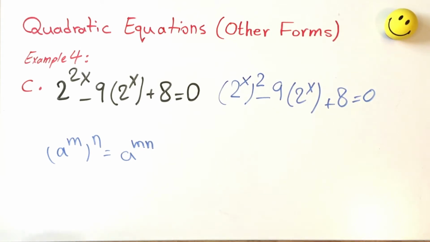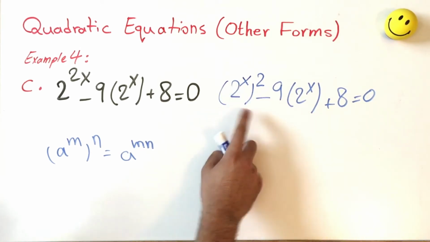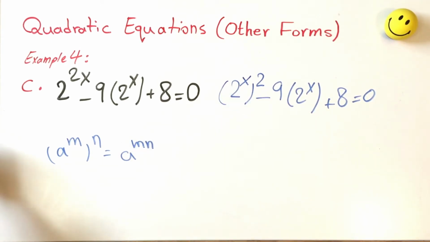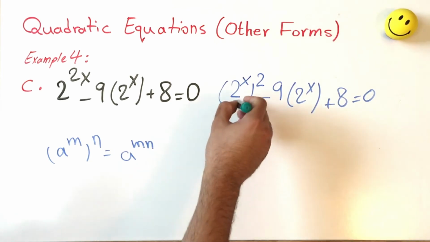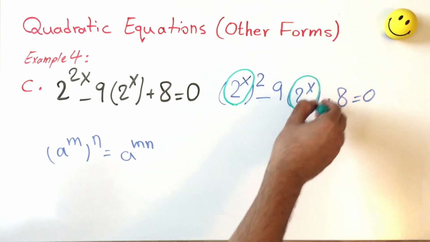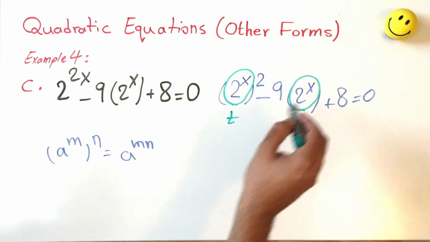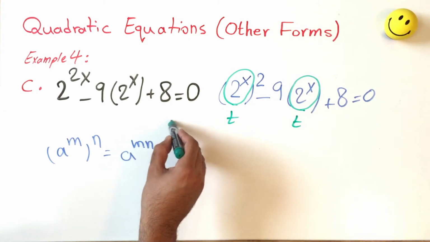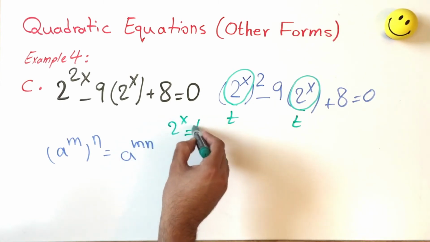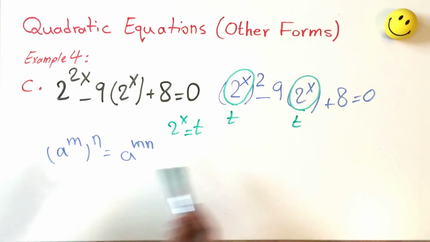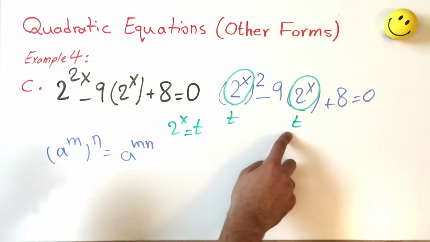Okay, now, as you see, 2 to the power of x is repeated. I can name it anything that I want. I'm gonna just do t for these two guys. These are the same. I'm gonna name them t. So basically, I'm doing 2 to the power of x is t. Okay. So now I'm gonna rewrite the equation using t.